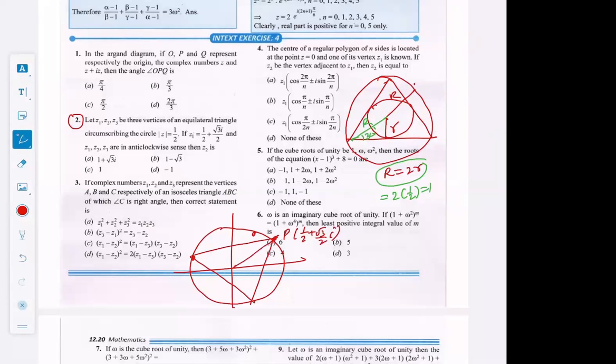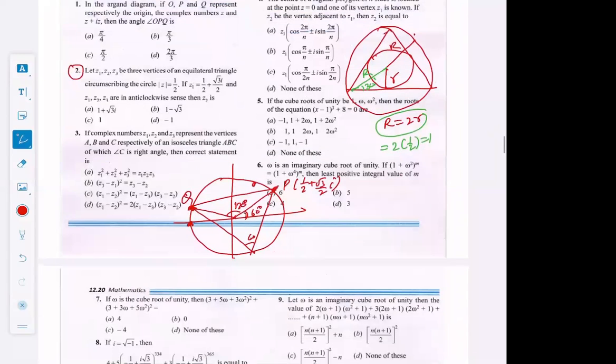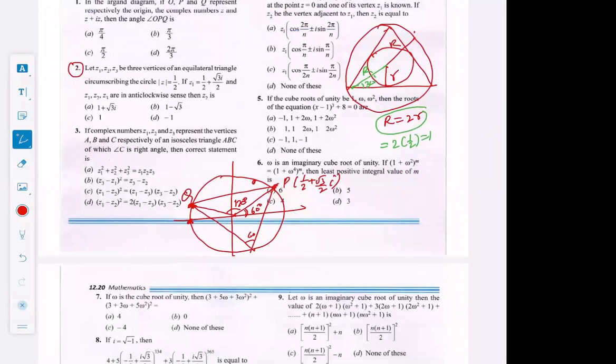So this angle, basically, is 60 degrees, and if this is 60 degrees, then this angle will be 120 degrees. So what is the argument of point Q? Argument of point Q would be 180 degrees. So basically this point is lying here. Are you getting this point?